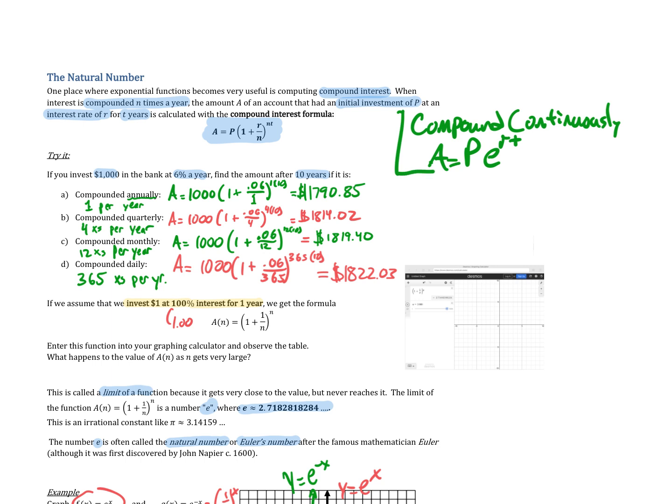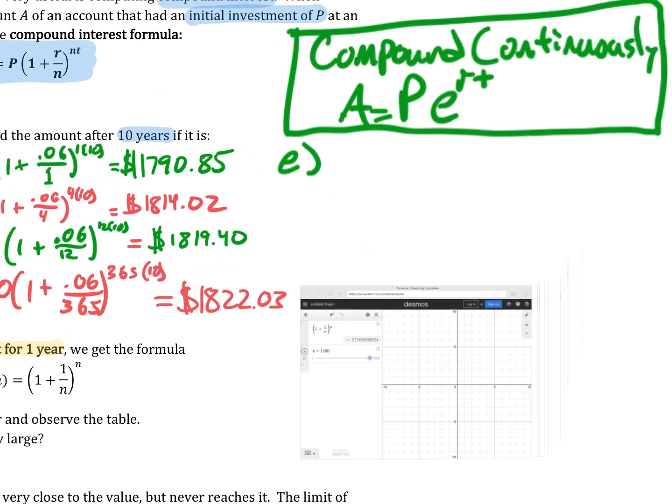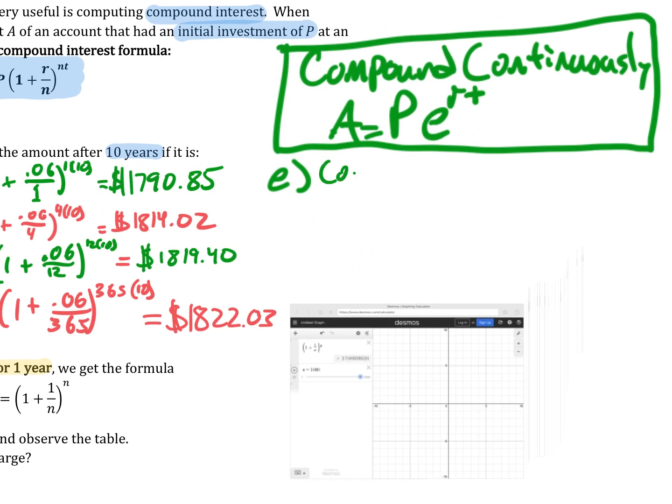And this is an important formula to know. And so it turns out that the compound interest formula just simplifies to this. So let's say the bank wants to give us compound interest continuously. So this bank says, we'll give you interest all the time, every moment of every day.